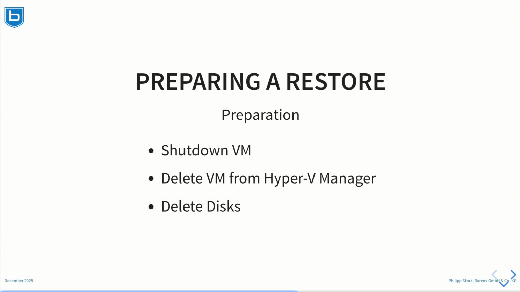Now let's prepare a restore. As I want to show you that we are able to completely recover a virtual machine, I will shut down the virtual machine, delete it out of the Hyper-V manager, and finally also delete the disks of the virtual machine.